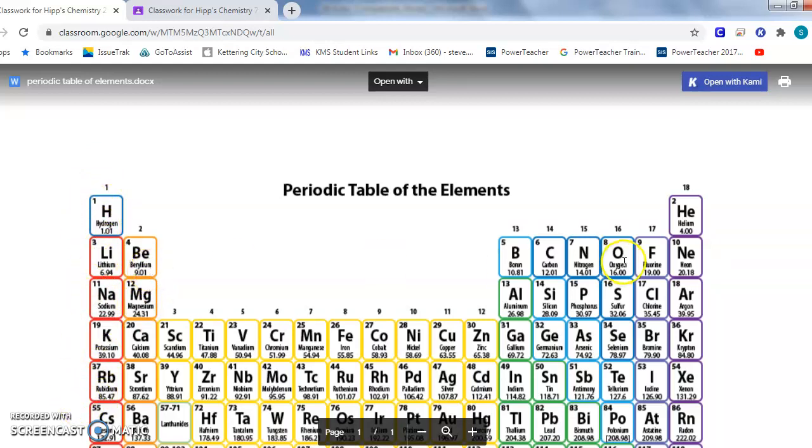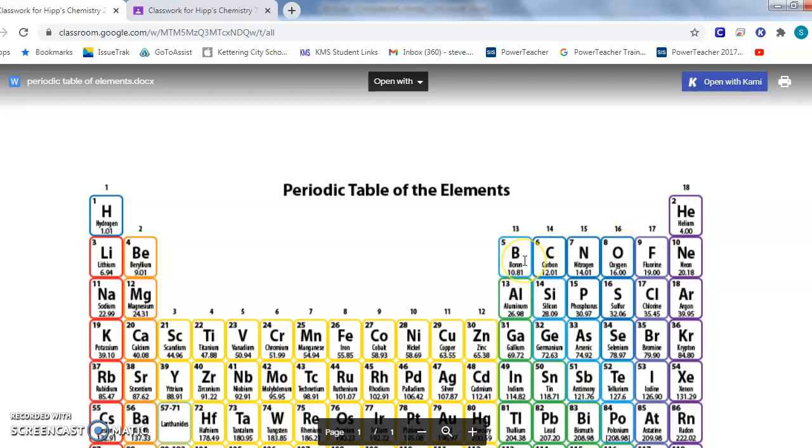How many would beryllium have to lose to become like helium? It starts with 4. If you get rid of 2 of the negatives, it would have 2 more positives than negatives. It would be 2 plus, and in so doing, 4 minus 2, it's like helium.